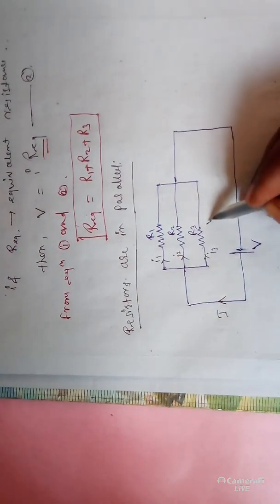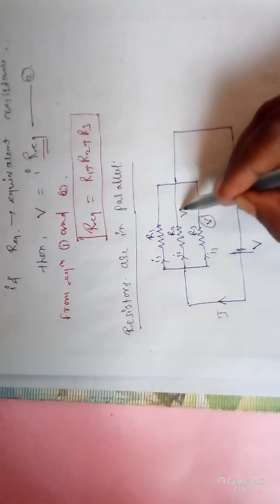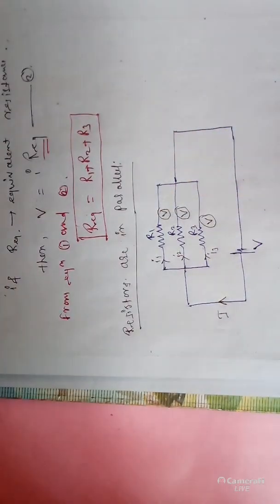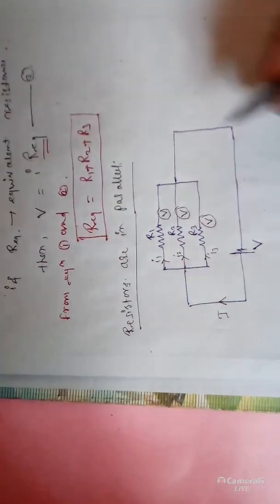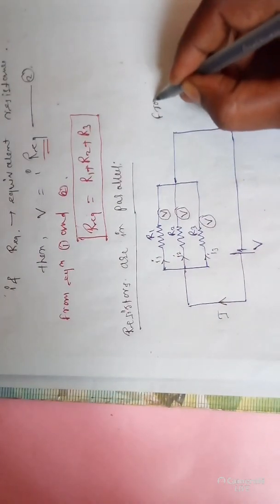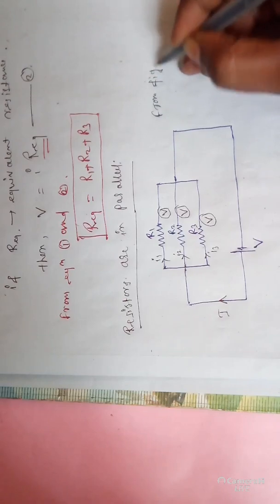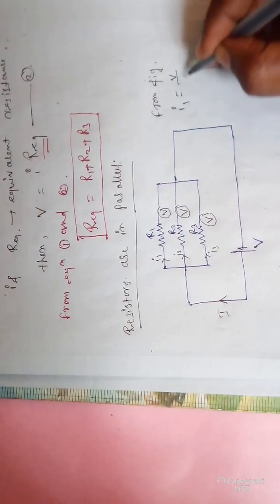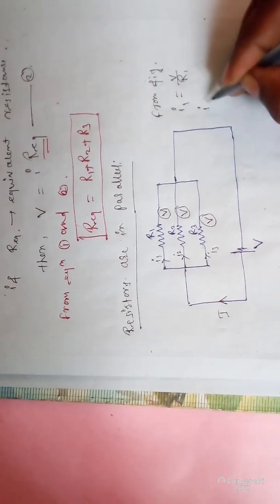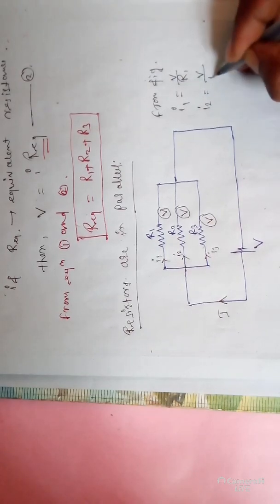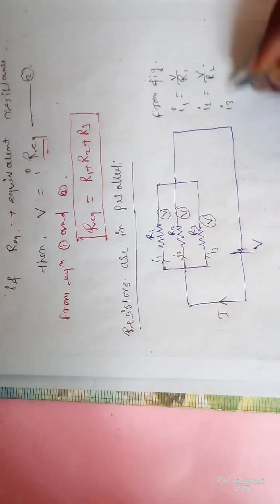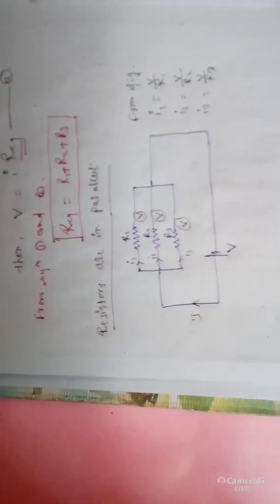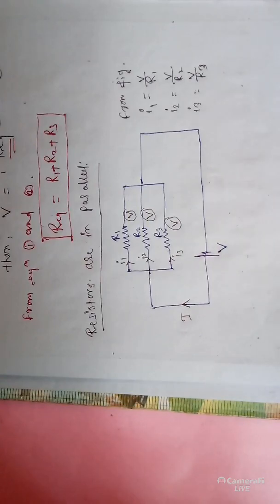In this path the potential drop is V, in this path it is V, in this path it is V. Clear? So what you can write from the figure, the value of I1 is equal to V by R1, the value of I2 is equal to V by R2, and the value of I3 is equal to V by R3. So this will be the value of current in three different paths.